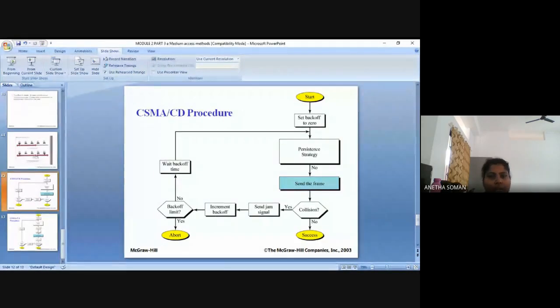By making use of any of the persistent strategies, they will send the frame, and then you have to decide how long to wait before retransmitting the data. You want to reduce the chances of collision, so you have to wait. How long you wait is based on the back off method. Usually, the exponential back off method is followed. Understood this much?